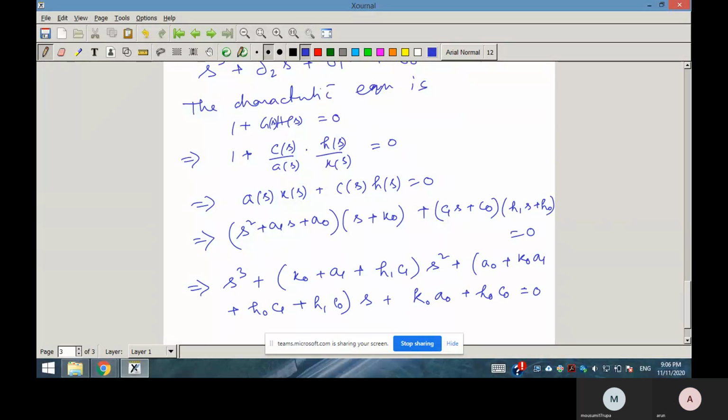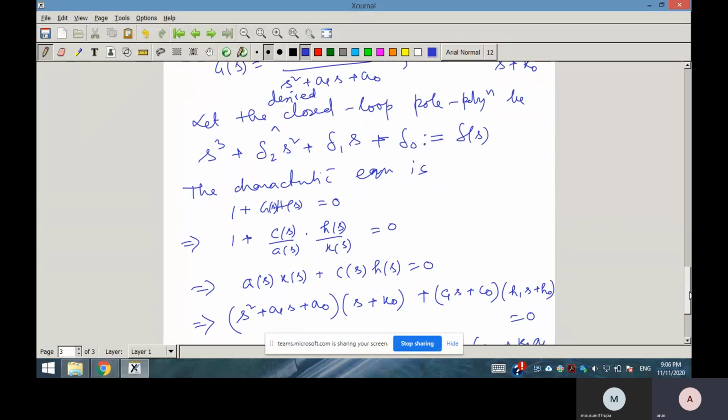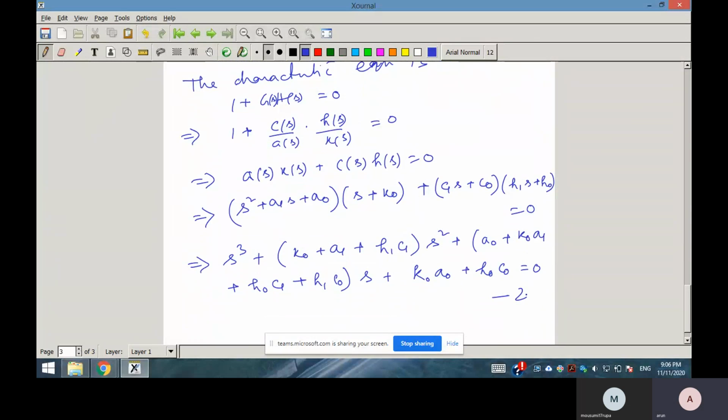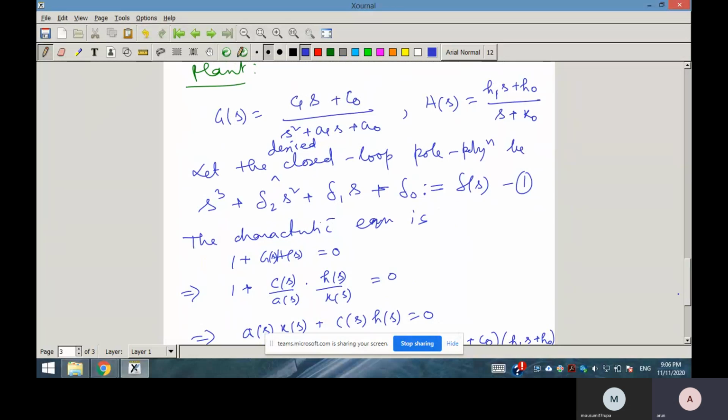So now comparing 1 and 2. If you compare 1 and 2, then what will you get? Comparing the coefficients. This is your closed loop characteristic equation, and what is your desired closed loop characteristic equation? This is your S cube plus delta 2 S square plus delta 1 S plus delta naught.